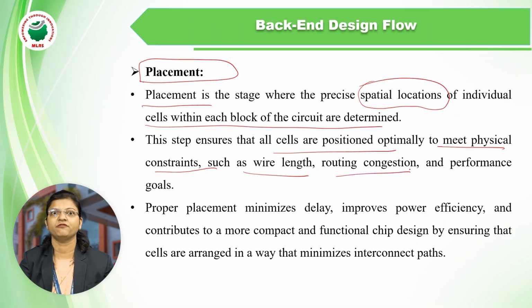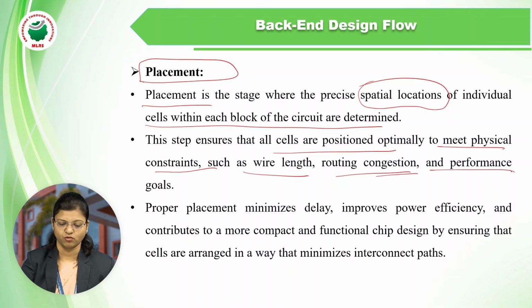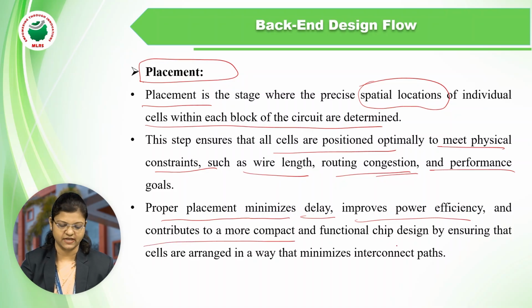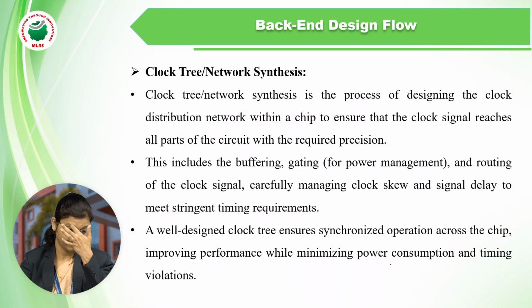Congestion is what happens if we place all the components very near to each other, and performance goals also. So proper placement minimizes the delay, improves the power efficiency, and contributes to a more compact and functional chip design, and it minimizes the interconnect paths as well if we arrange the cells in a proper way.